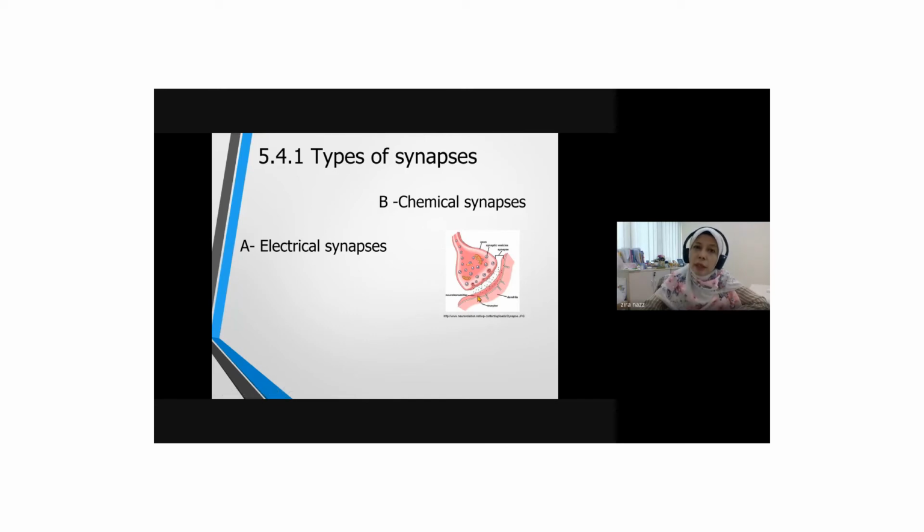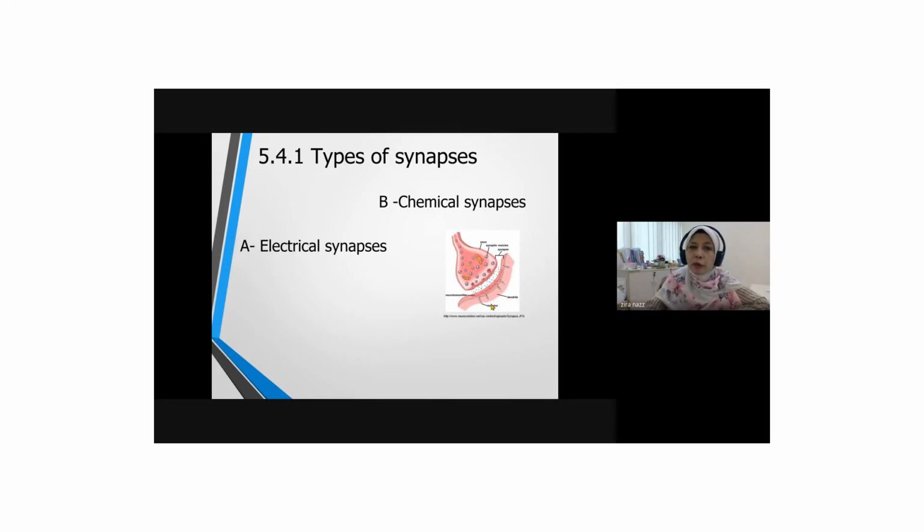cause the sodium channel to open. So the sodium channel opens, and the sodium ions will diffuse into the cell and make the inside of the cell more positive. That actually causes depolarization. So depolarization means that it moves towards generation of the action potential. So it is getting nearer to the threshold value.